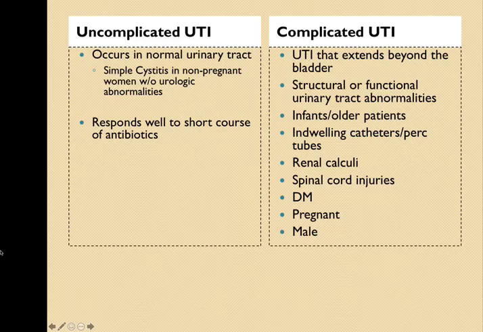The patients that have structural or functional urinary tract abnormalities, either very young patients, infants, or older patients, patients that have indwelling catheters or percutaneous draining tubes, patients with nephrolithiasis, spinal cord injury patients, even patients with uncontrolled diabetes, male and pregnant women.